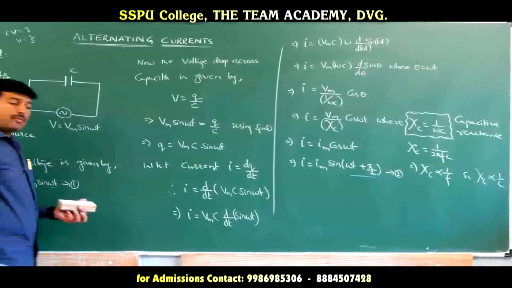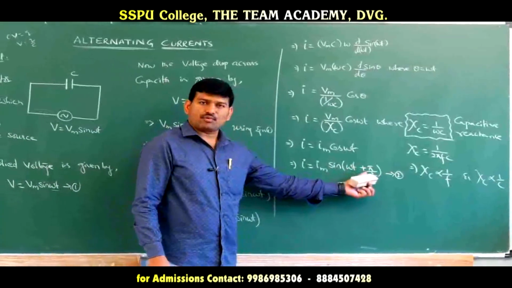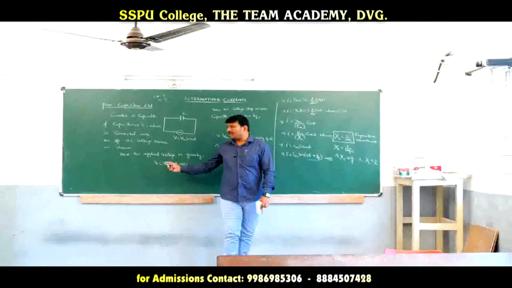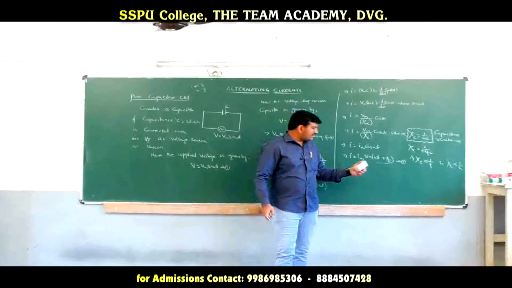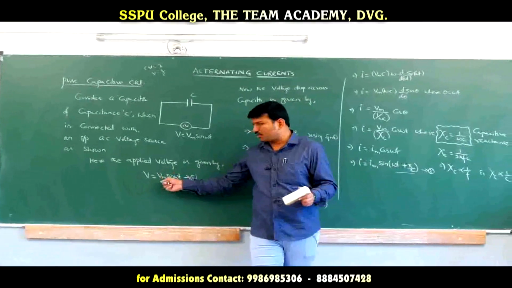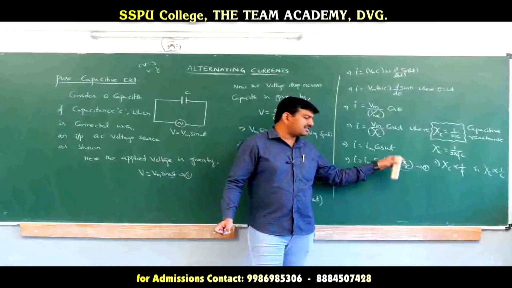Omega t is more or omega t plus pi by 2 is more? Omega t plus pi by 2 is more. How much more? It is more by 90 degrees. Therefore this is leading this. What is this here? Current. And what is this here? Voltage. So current leads voltage by 90 degrees.